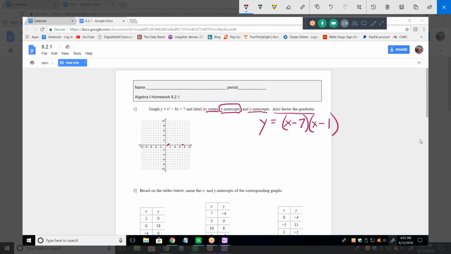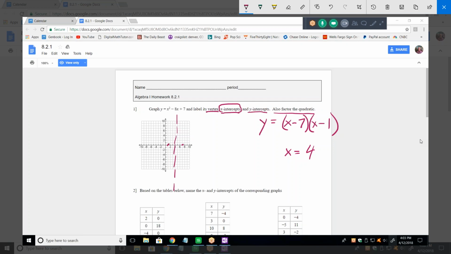Now that actually tells me what my line of symmetry is also. What does that line of symmetry have to be? x equals what? What's halfway between 7 and 1? Halfway between 7 and 1 is 4. What you do is you add the two numbers together and you divide by 2. That's how you figure out halfway.